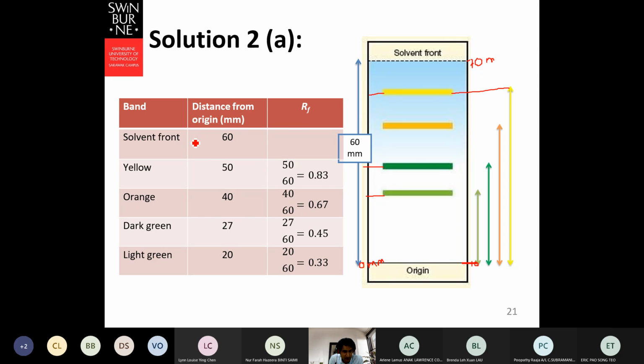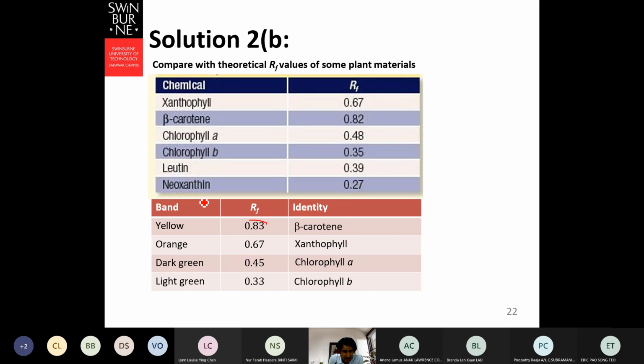Oh, sorry. The solvent front was 60. Yellow traveled to 50 millimeter. So 50 out of 60 is 0.83. The retention factor is 0.83, and so on: 0.67, 0.45, 0.33. Now if we look at it, we see that beta carotene is very near to 0.83.